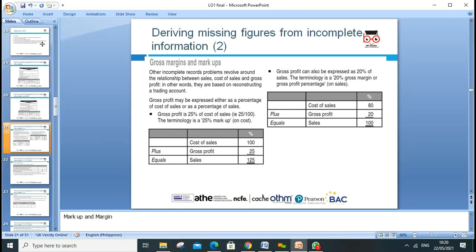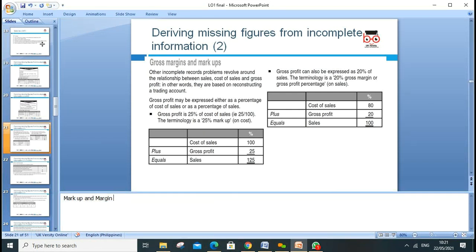Anyone? What is the difference between markup and margin? Can you hear me all? Yes, I can hear you. I have forgotten. Okay, markup means cost plus.